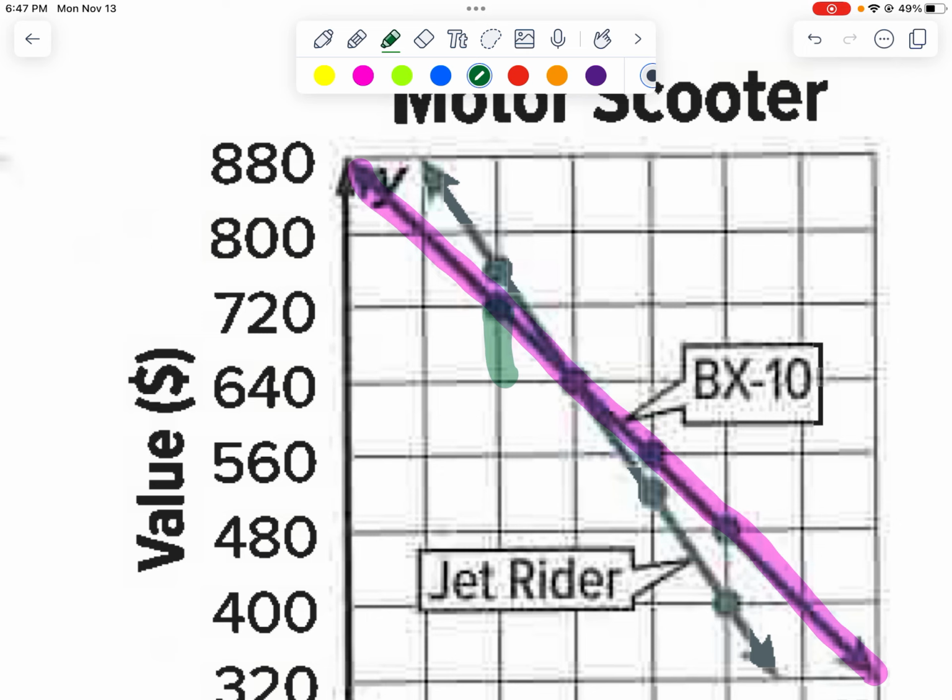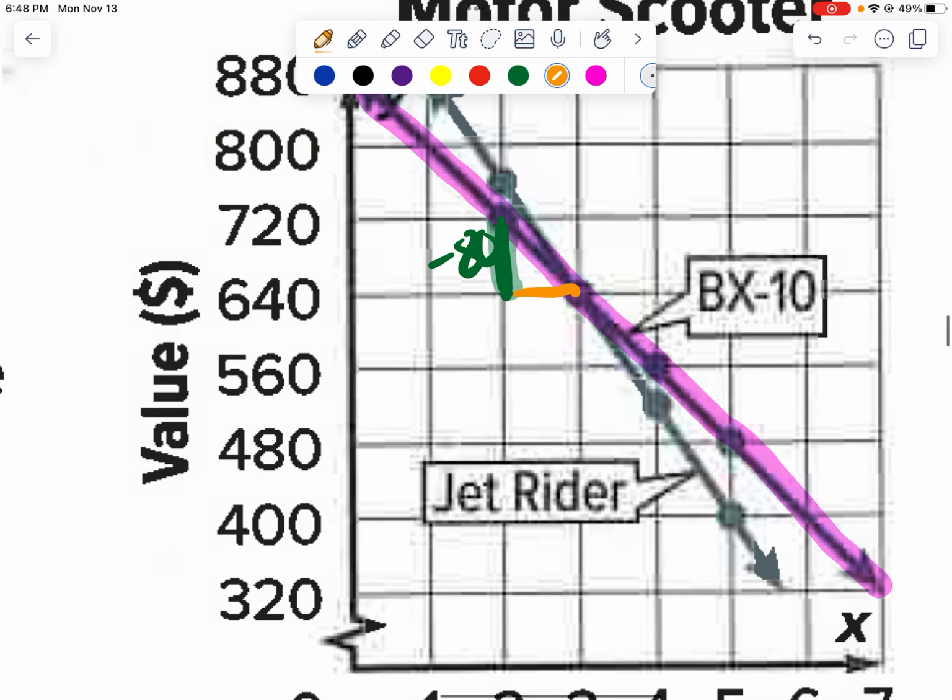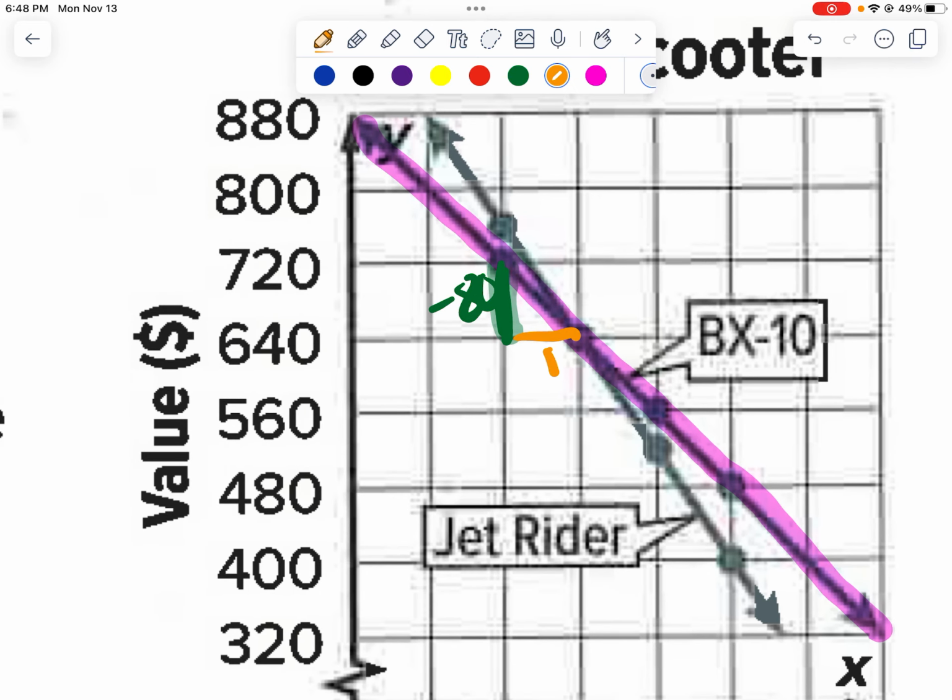So this goes down from 720 to 640. So that goes down 80. How far across does it go? That goes across 1.